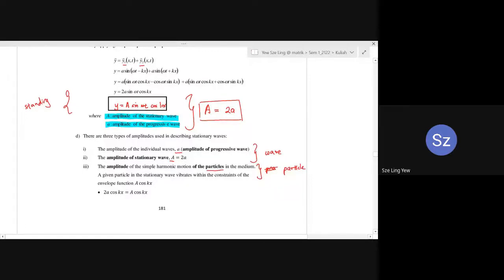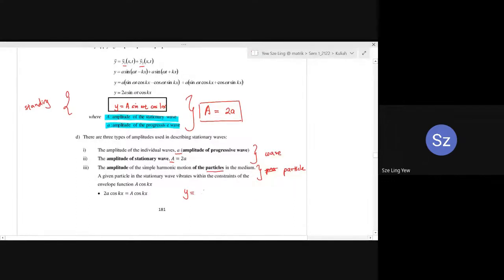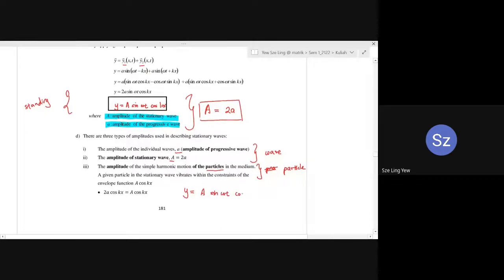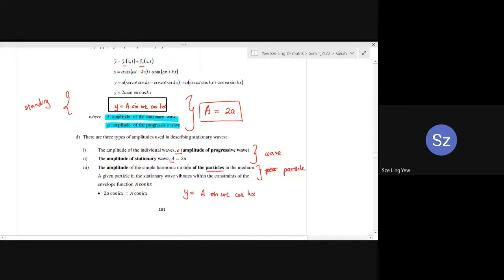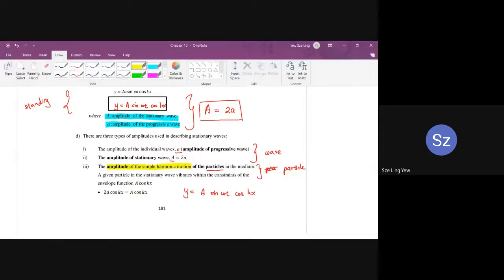So make sure you use the right equations. How are we going to find the amplitude of the particles? We have the equation y equals A sine omega t cos kx. If you look at the particles, it tells you the amplitude of the simple harmonic motion of the particles. So what are we going to do?